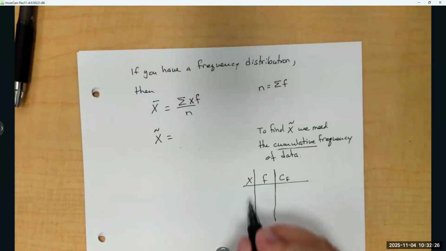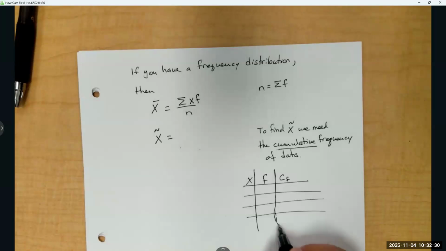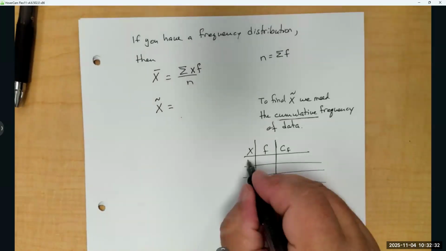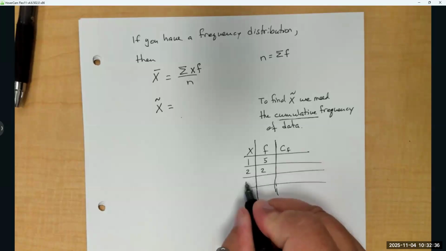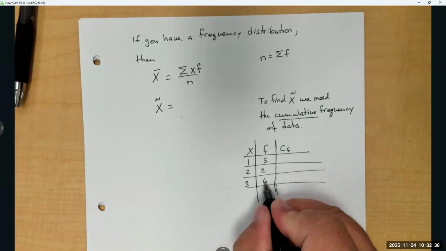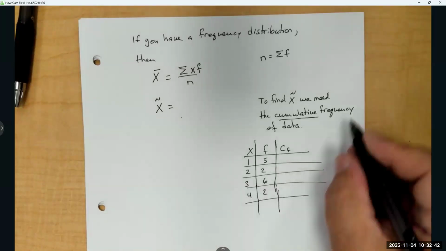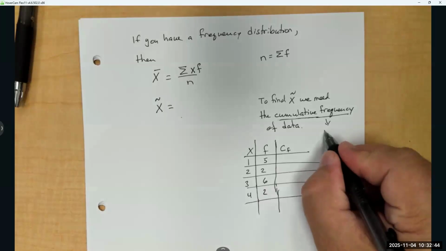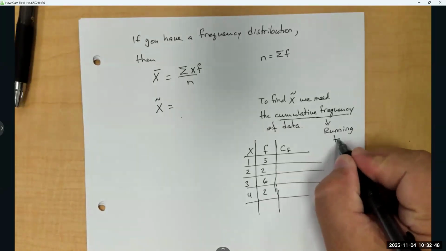So look at our data set here. Another name for cumulative frequency is the running total.